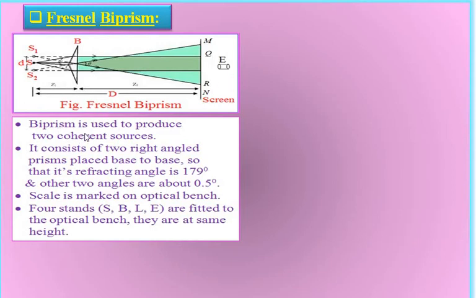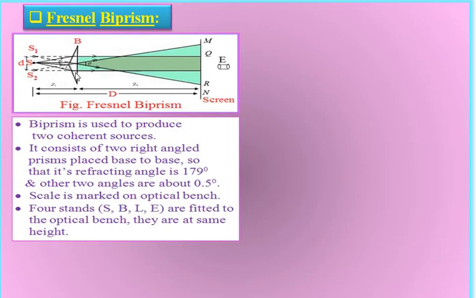Here, the biprism is used to produce the two coherent sources. It consists of two right-angled prisms placed base to base, such that its refracting angle is 179 degrees, or nearly equal to 180 degrees, and the other two angles are about 0.5 degree.